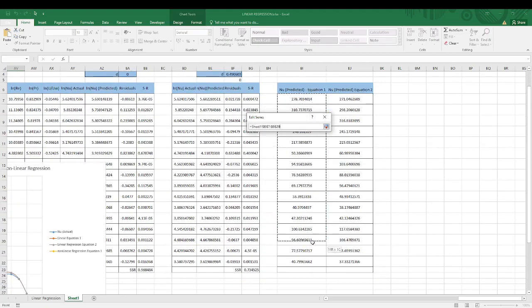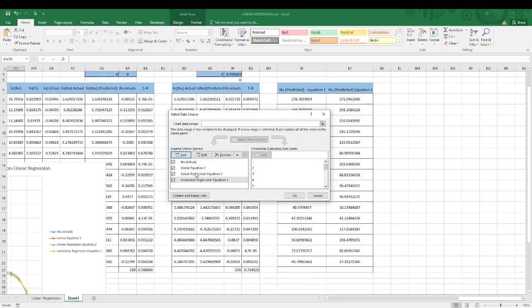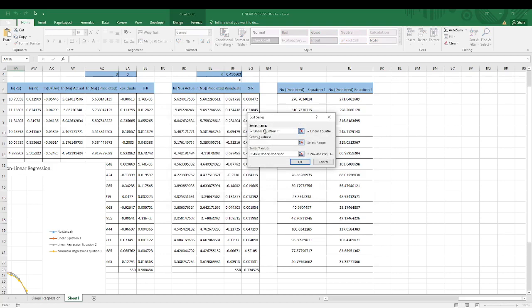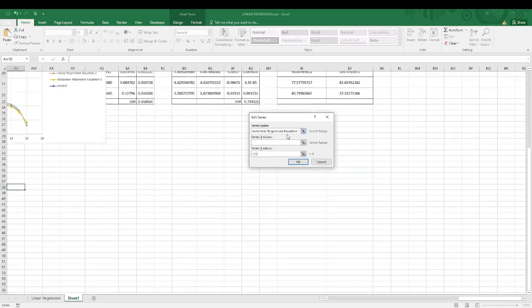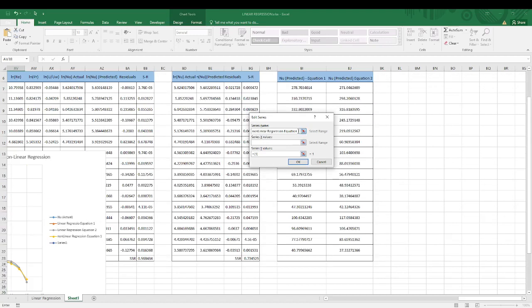Then last one for equation 2. Change values.